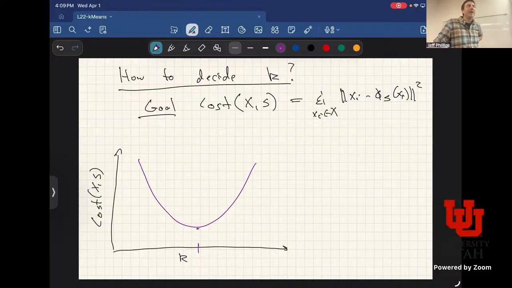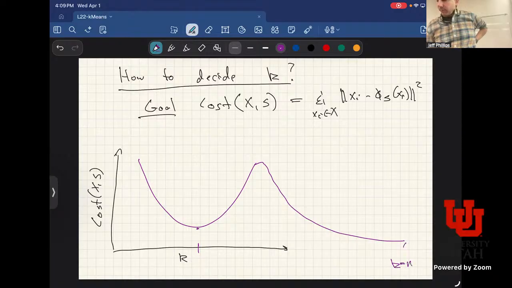No. Why not? One of the issues is technically if you make k large enough, the cost function will go down to 0. Every point is its own cluster, so the cost is 0. It's not a correct clustering, but technically you minimize the cost.